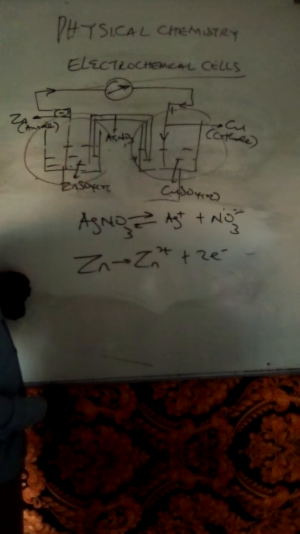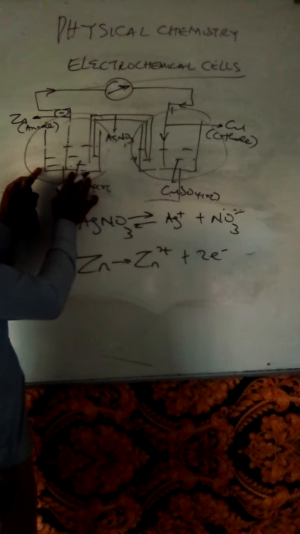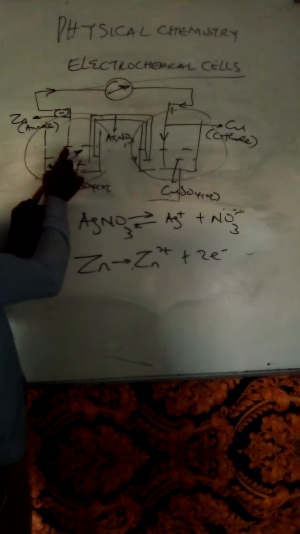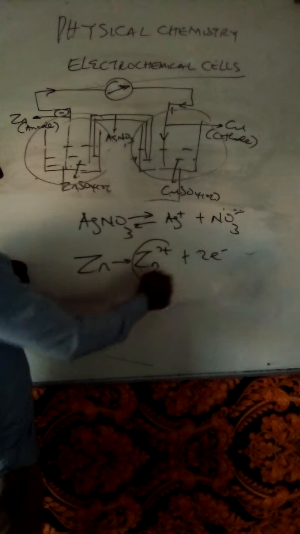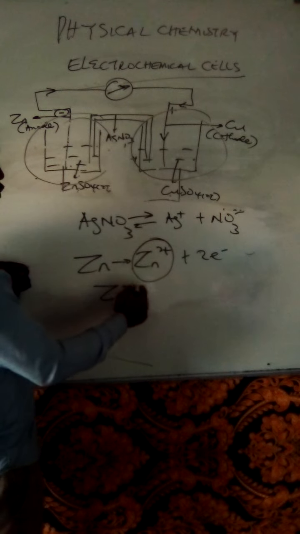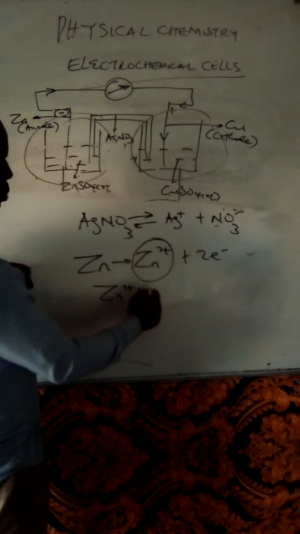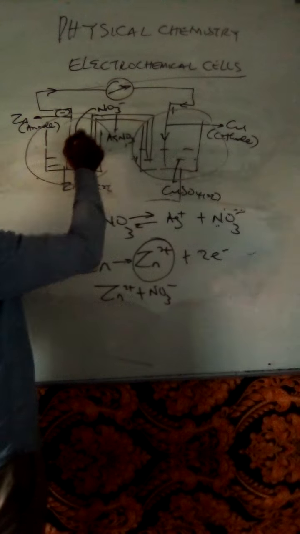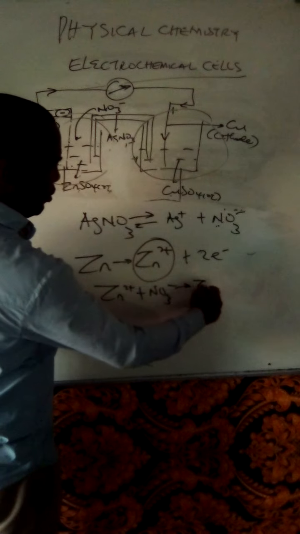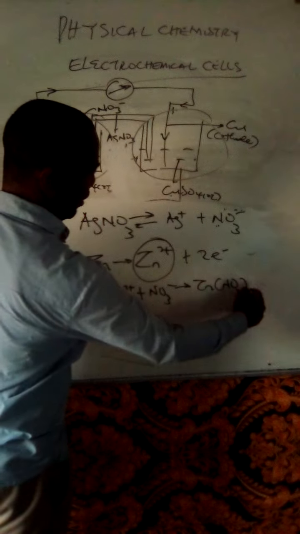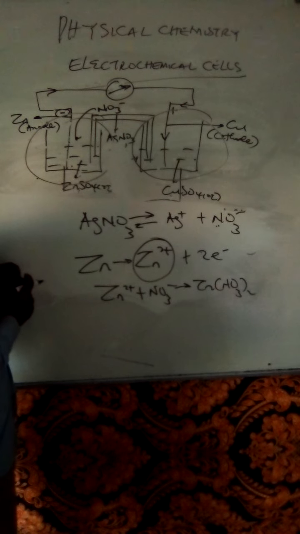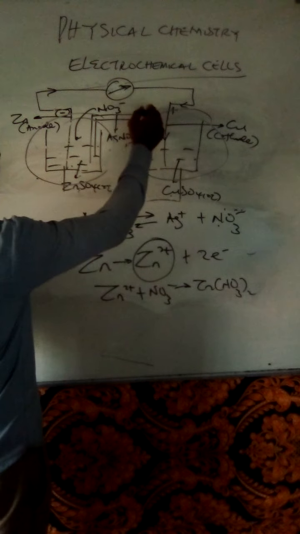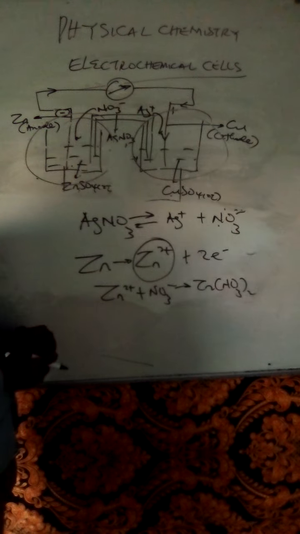Now the anode or oxidation half cell will have plenty of zinc ion inside it because ions are being produced from zinc metal. So to neutralize the zinc ion, the nitrate ion from the salt bridge, the negative ion, will now move. The NO3 will move to the anode, giving us zinc nitrate, neutralizing the positive charge of the zinc produced. So if NO3 moves into this place, that means silver ion will move into the cathodic half cell or the reduction half cell. So how does that happen?